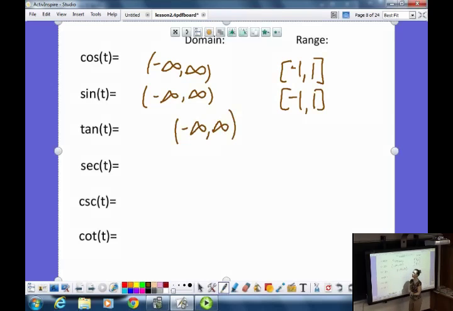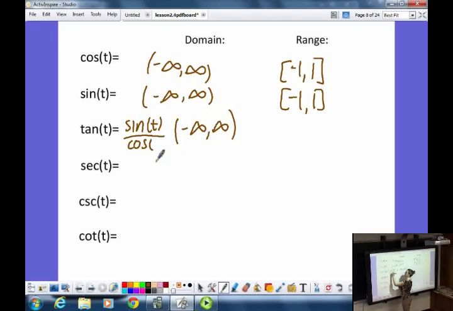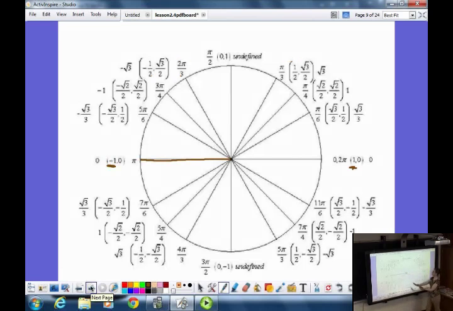What did we get on the previous slide? What's tangent of t equal to? Right, but in terms of sine and cosine on the unit circle, sine of t over cosine of t. And what's the number we can never divide by? 0. So when is cosine of t equal to 0? If we go to the unit circle, when is the x-axis 0? Give me some random examples of radian measures. Pi over 2. Pi over 2, what's another one? 3 pi over 2.